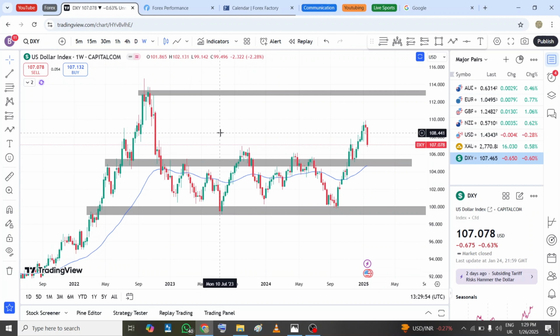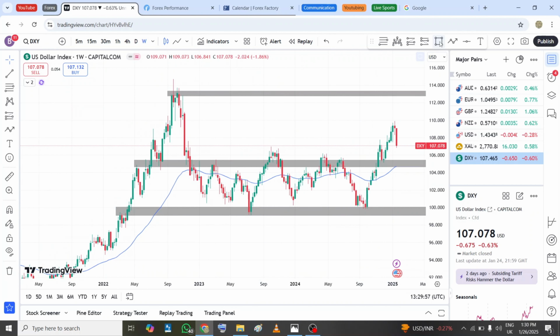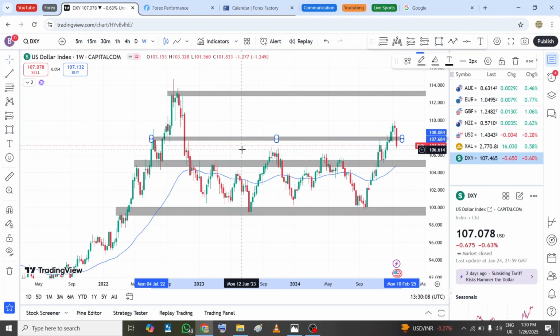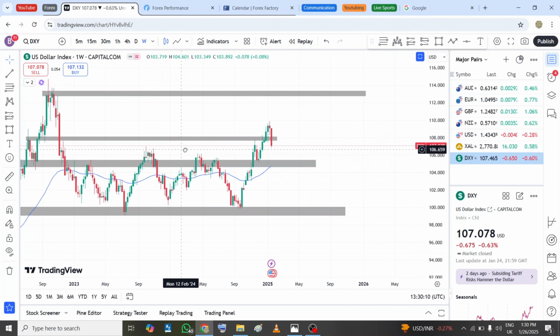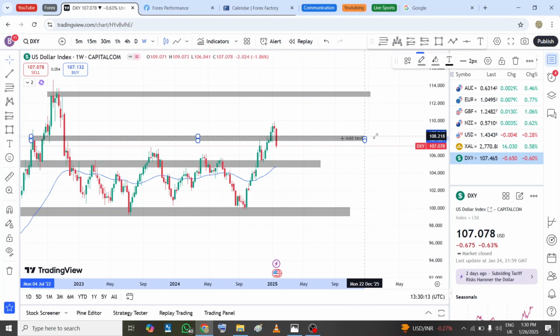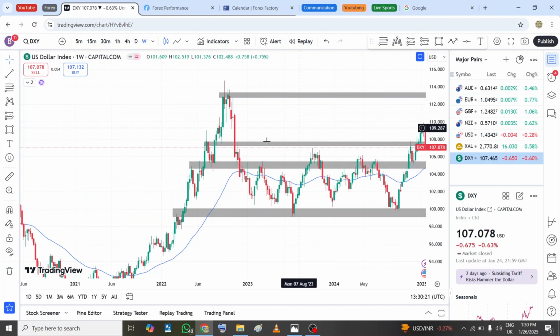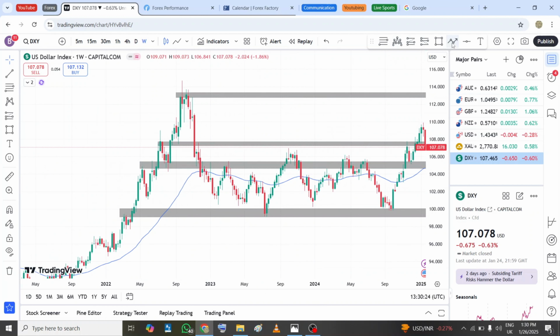Now where's the next obvious point? Let's take a look here. Looking at this point, price came all the way up, tapped it, broke through, tapped it again, and went all the way up.